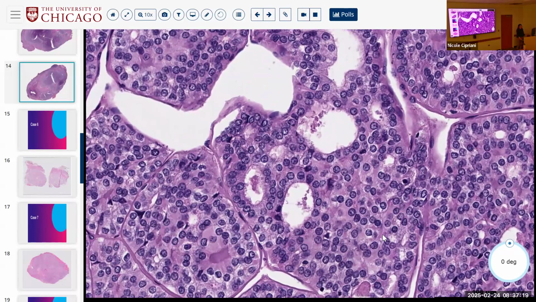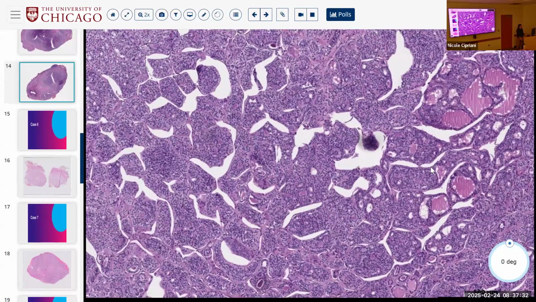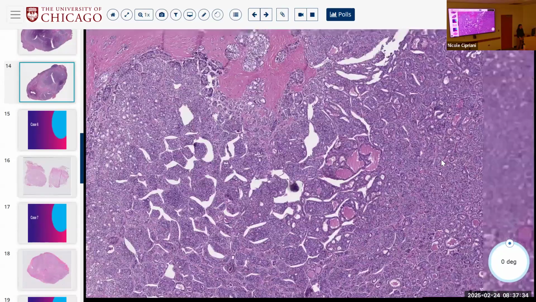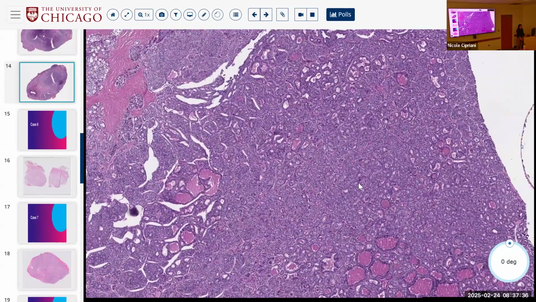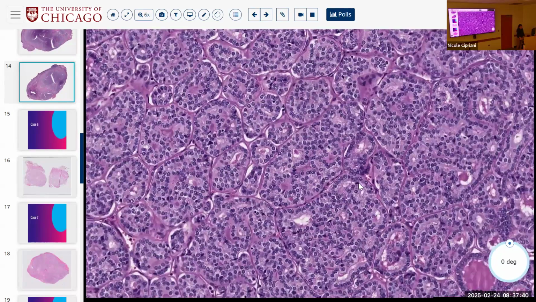Overall, what might you want to think about? Do you think this is going to be a BRAF-like tumor? Do you think this is going to be a RAS-like tumor, or do you think this is going to be something else? You vote RAS. So if you vote RAS, then we can't really call it PTC, can we? What about you, Andrew? What's something else?